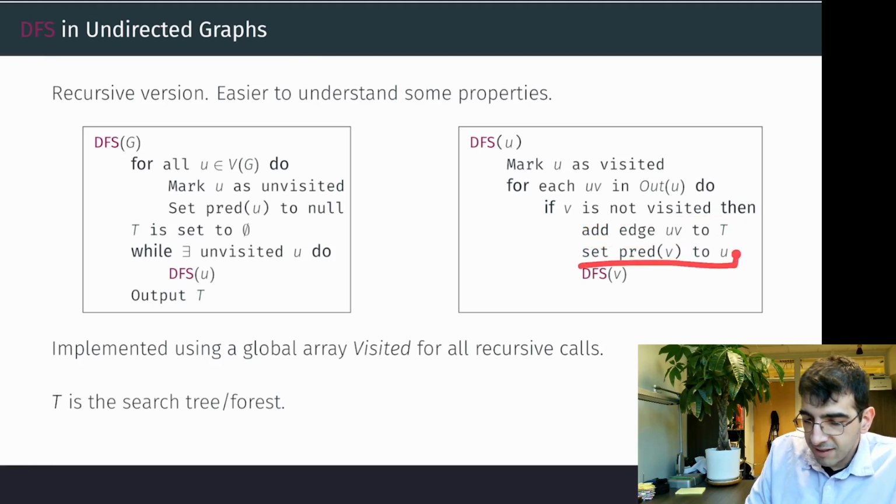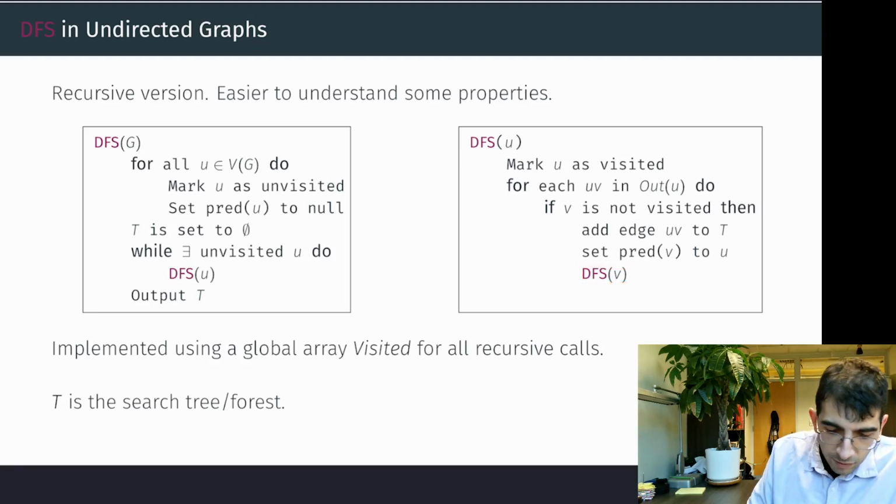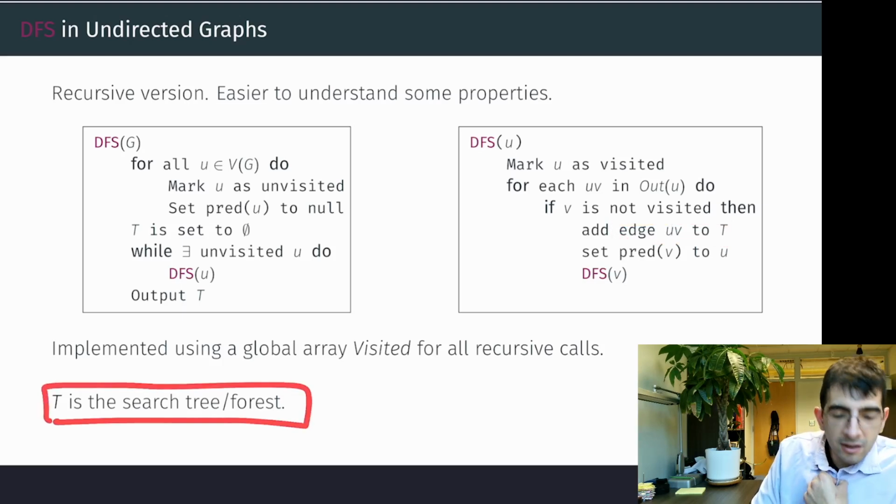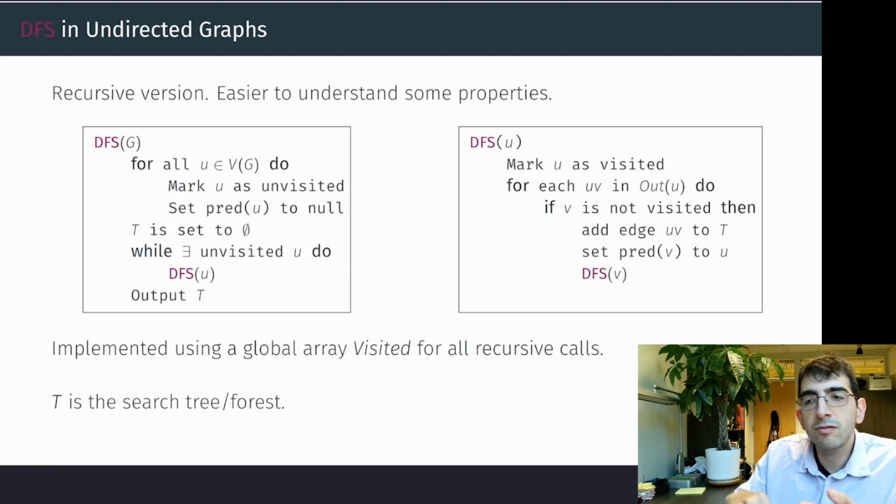It sets the predecessor of the adjacent node as this vertex U, and then it calls depth first search on the adjacent vertex. Sometimes it is useful to store the edges that depth first search traverses to find a new node as a tree, and this could be used for a myriad of other algorithms, many of which we'll get into momentarily.